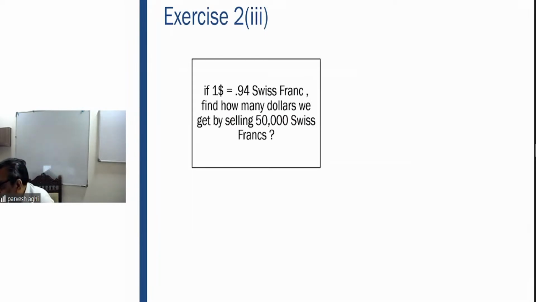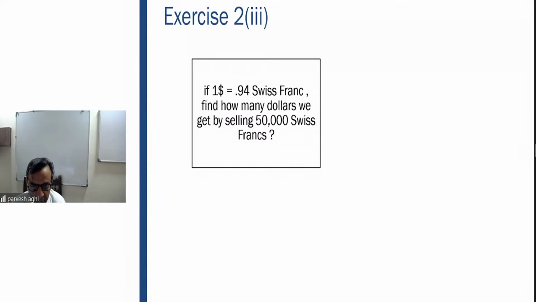Okay, let's go to the third one. Now, this is a bit tricky. $1 is equal to 0.94 Swiss francs. Find how many dollars we get by selling 50,000 Swiss francs. Now, the quote is not in terms of Swiss francs; it is in terms of Swiss francs per dollar.